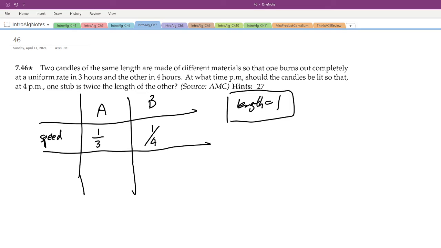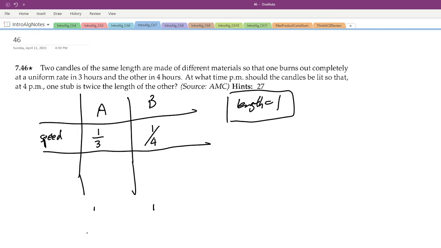So at what PM should the candles be lit so that at 4 PM one stub is twice the length of the other one? Let's not think about the starting and stopping point yet. Let's think how long it takes for one candle to be twice as long as the other one. At the very beginning they are all at 1.